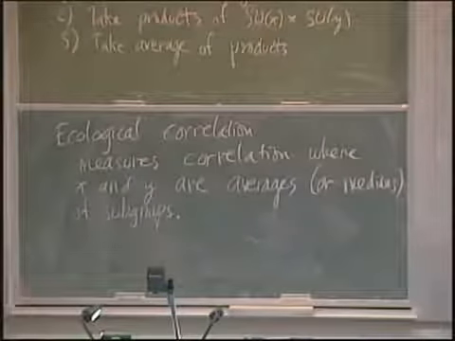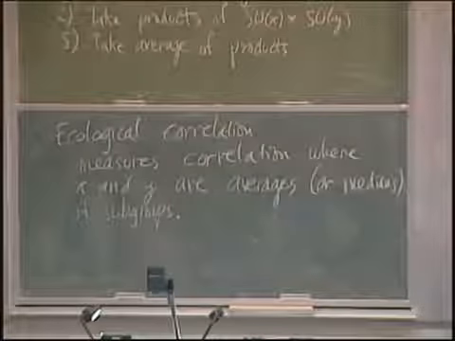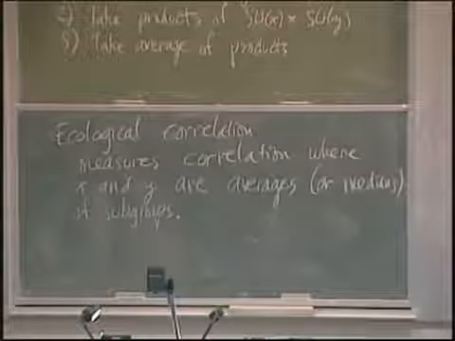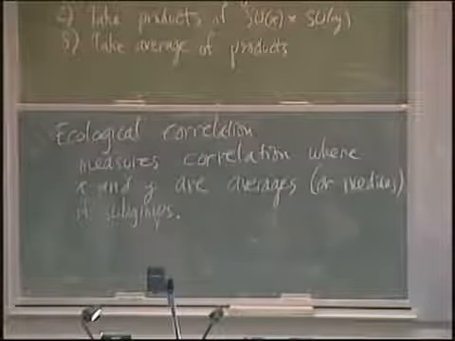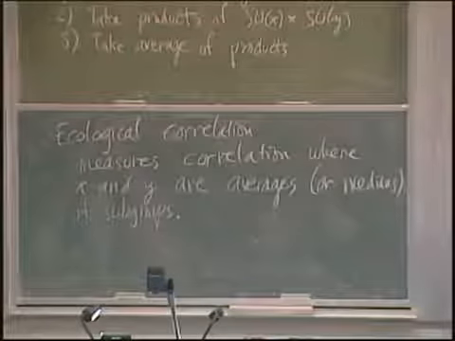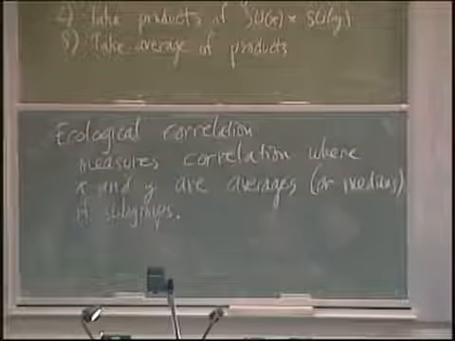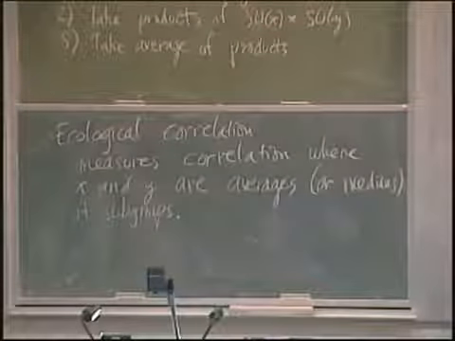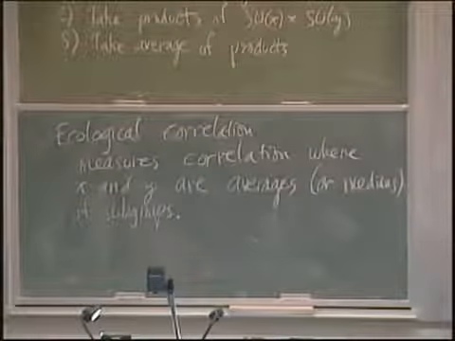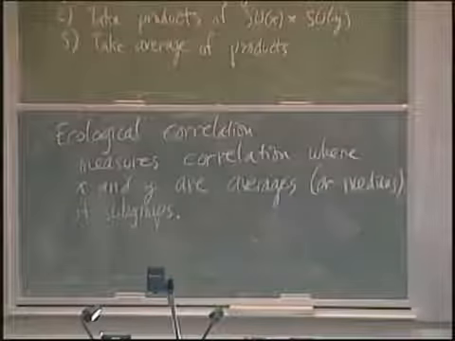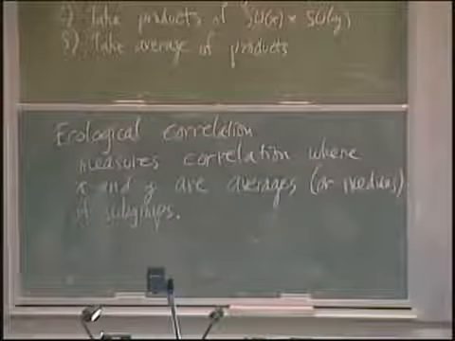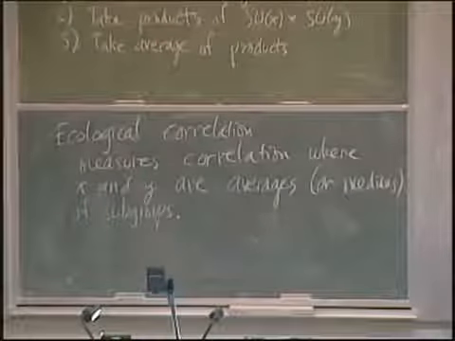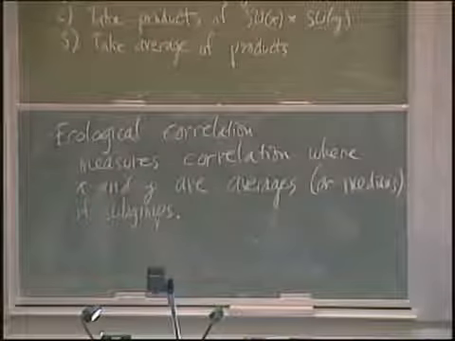So if you think about height and weight data for everyone in the room or something like that, you have a dot for each person, right? Ecological correlation would be if we did something like group the people in some way, okay? Like first-year students, second-year students, third-year students, fourth-year students, fifth-year students, and so forth, where each point would represent an overall average height and average weight for those groups.